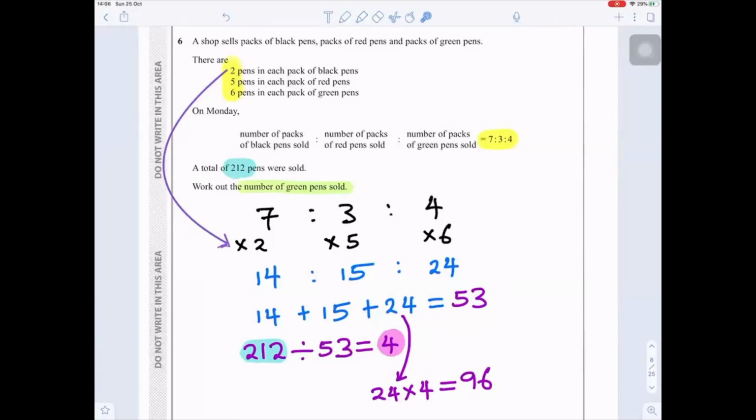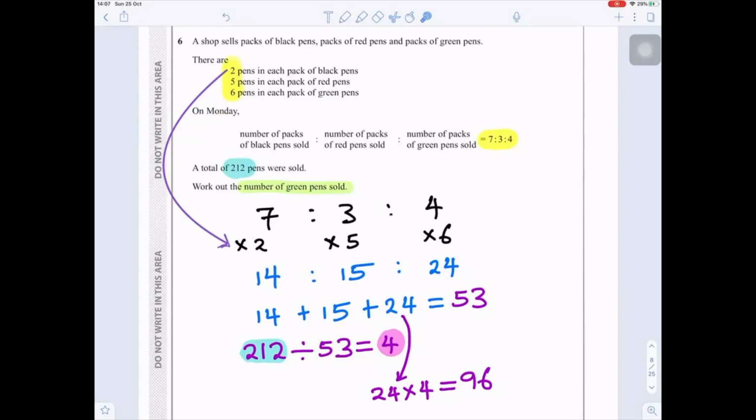Question number 6. A shop sells packs of black pens, packs of red pens, and packs of green pens. There are 2 pens in each pack of black pens, 5 pens in each pack of red pens, and 6 pens in each pack of green pens.